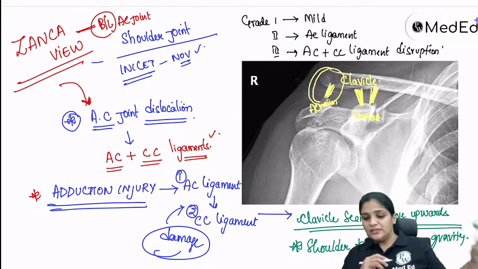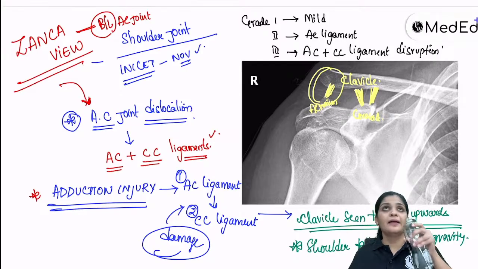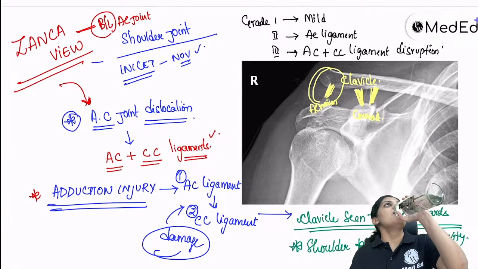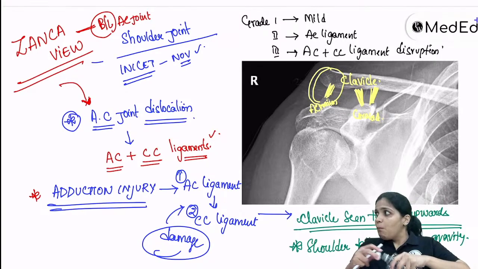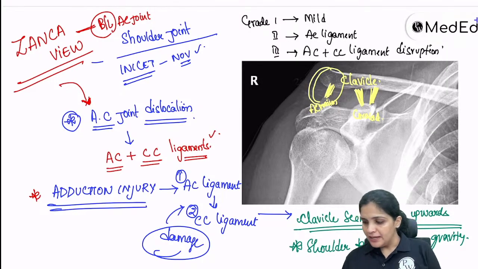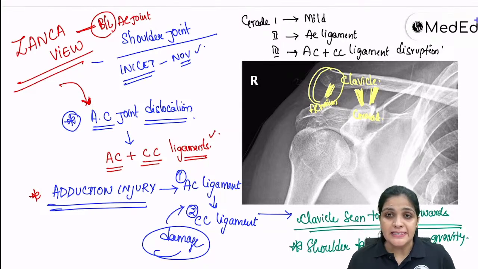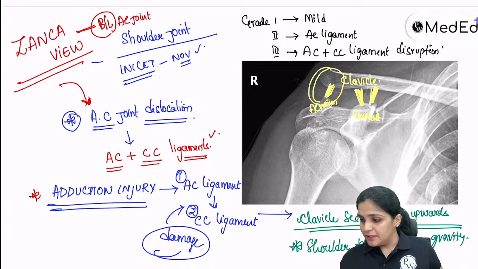So this is the grading. That is about the AC joint, and the view you have to remember is the Zanca view.